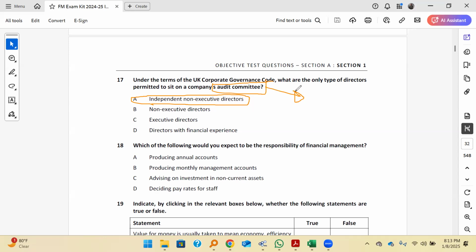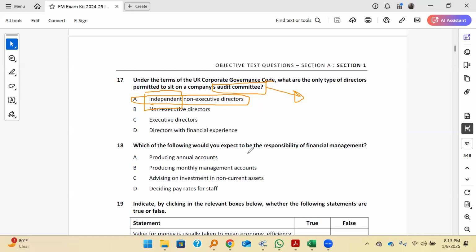For example, you don't want the finance director to be part of the committee when they're auditing their financial statements and all the financial operations. So they have to be non-executive directors, but they have to be independent. And that's why we have two answers here which have the non-executive directors, but the answer should be independent non-executive directors.